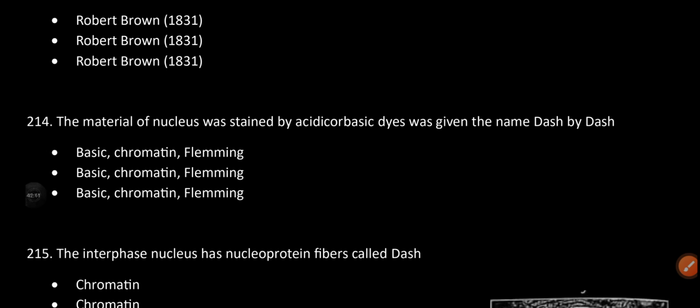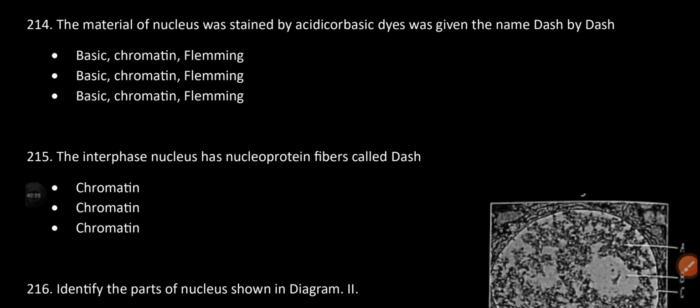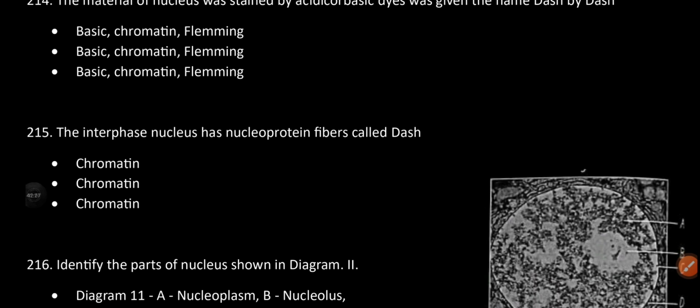The material of nucleus stained by basic dyes was given the name chromatin by Fleming. The interphase nucleus has nucleoprotein fibers called chromatin.